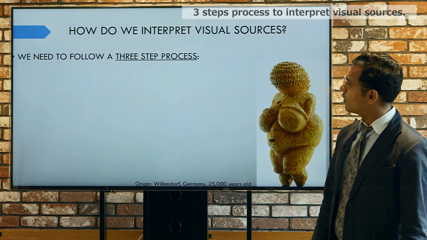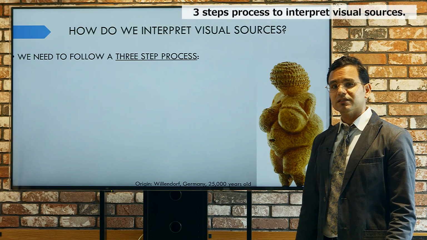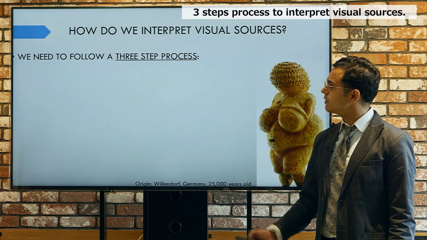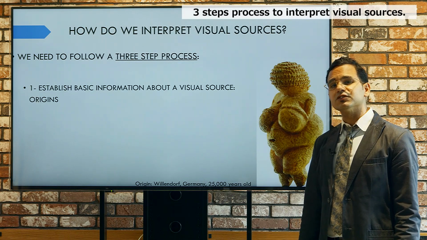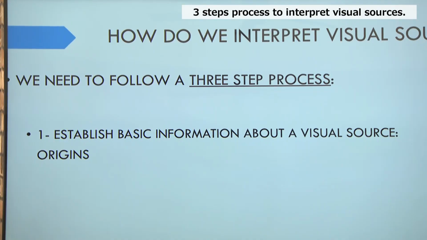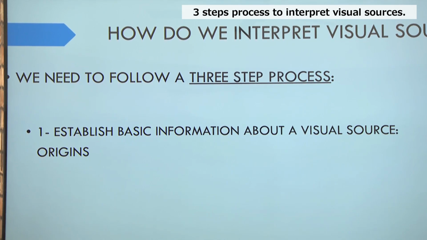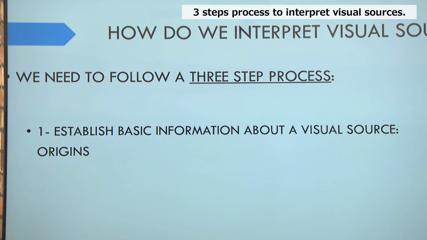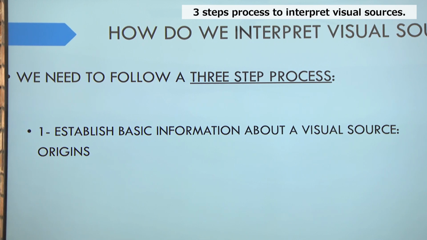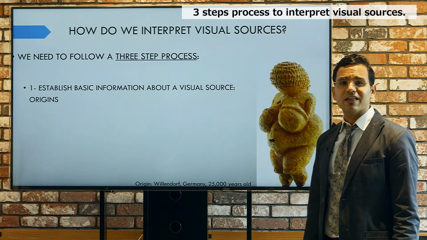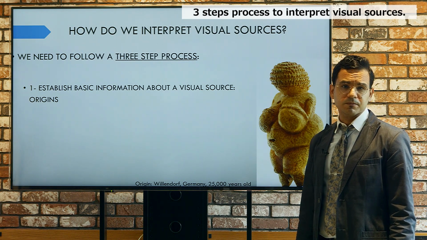We need to follow a three-step process. First, we need to establish some basic information about the visual source. That is, we need to find out the origins of the visual source. In this example, we know it is from Germany, in Willendorf, and it is about 25,000 years old.